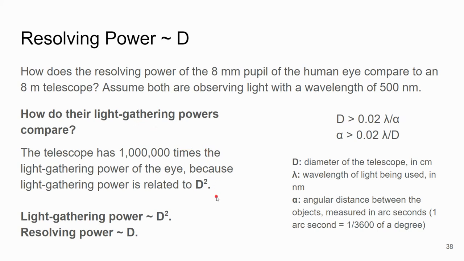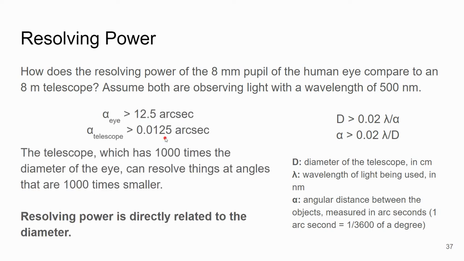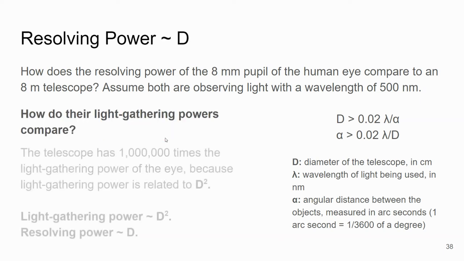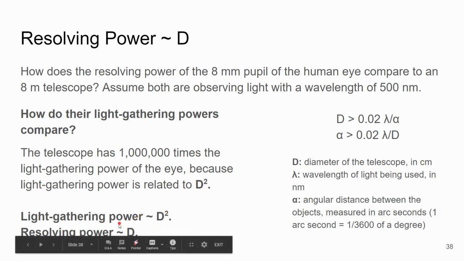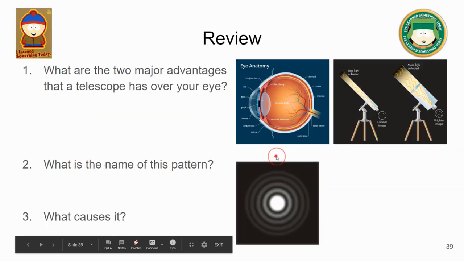So if your telescope has 1,000 times the diameter, it has 1,000 squared, aka 1,000,000 times the light gathering power. So its resolving power, it's 1,000 times bigger, is 1,000 times better. Light gathering power, if it's 1,000 times bigger, is 1,000,000 times better because light gathering power has diameter squared, and resolving power just has diameter.